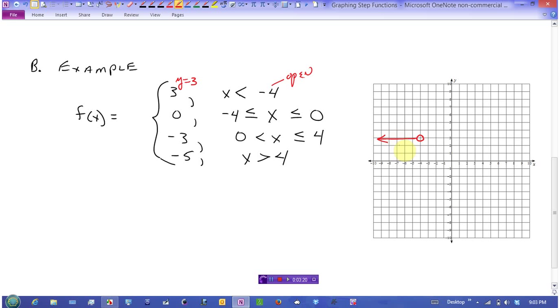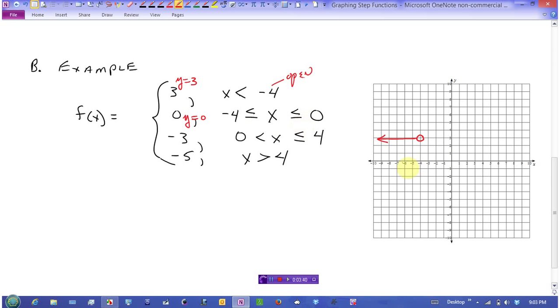Let's look at the next step. The next step says we're going to have the line y equal to 0. But it's only going to exist for values of x that are greater than or equal to negative 4 to where x is less than or equal to 0.